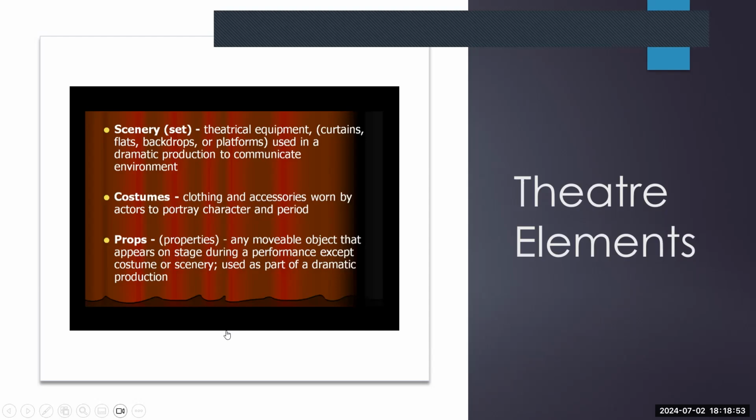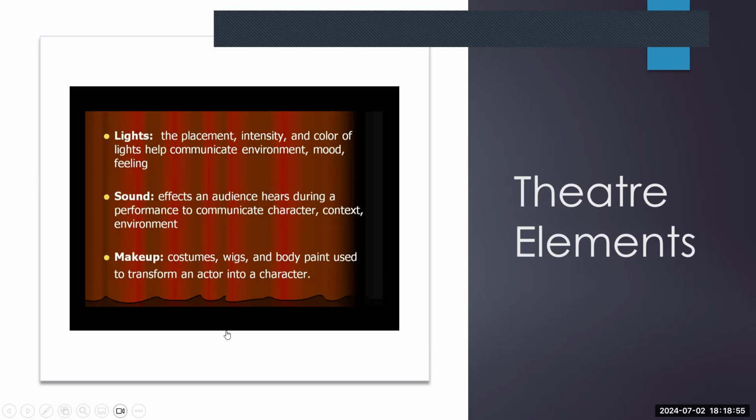It's used as part of the dramatic production. Lights. The placement, intensity, and color of lights help communicate environment, mood, and feeling. Sound. Affects an audience hear during a performance to communicate character, context, and environment. Makeup. Costumes, wigs, and body paint used to transform an actor into a character.